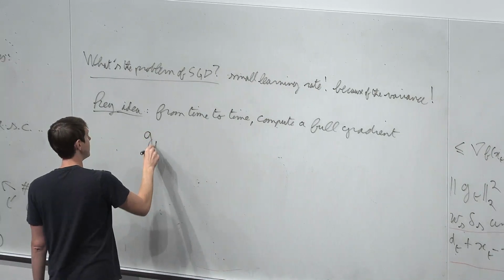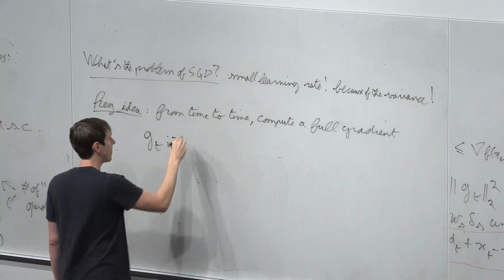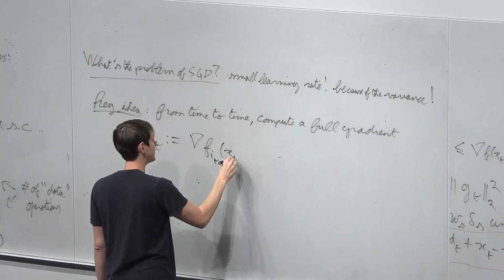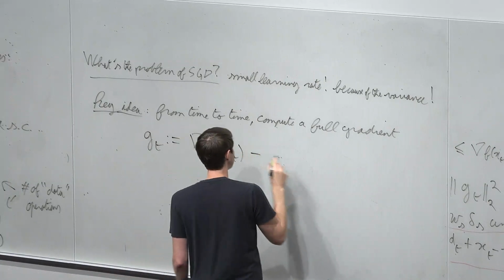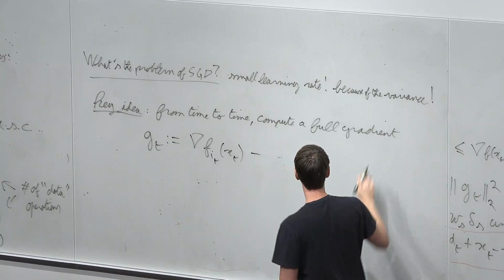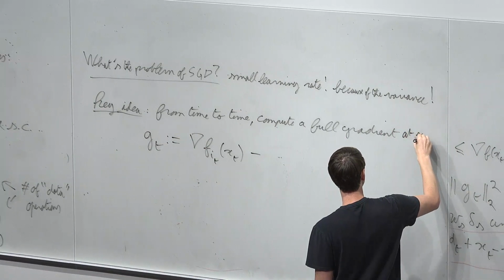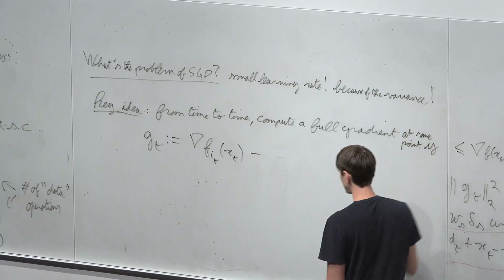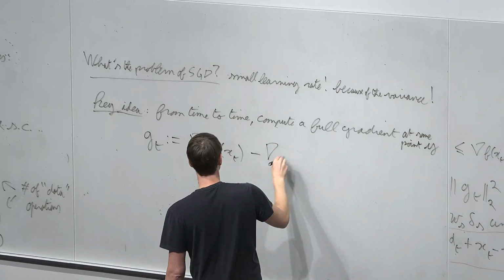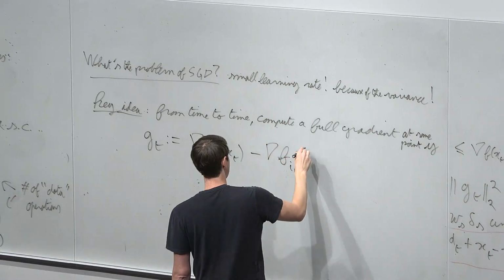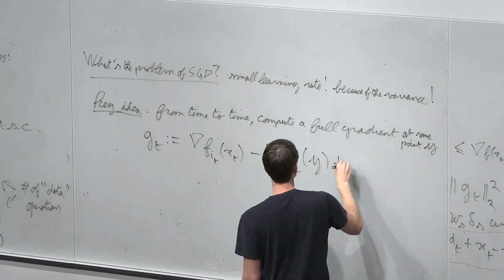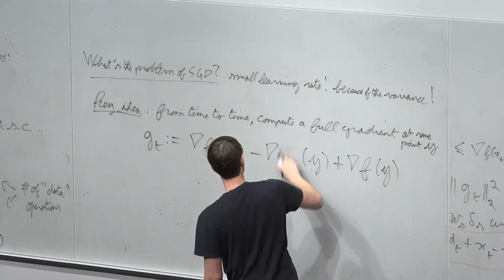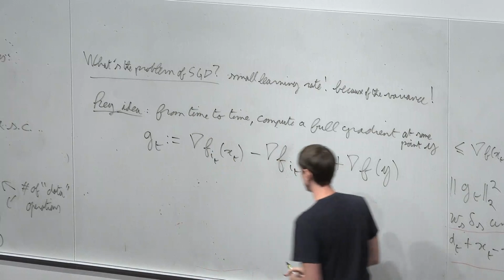Now, g_t, my estimator, would be the gradient at a random point of x_t. And now I'm going to center using the full gradient computed at some point y. So I do this: minus the gradient of that example at y, plus grad f of y. Okay, so this is the key idea, this equation.